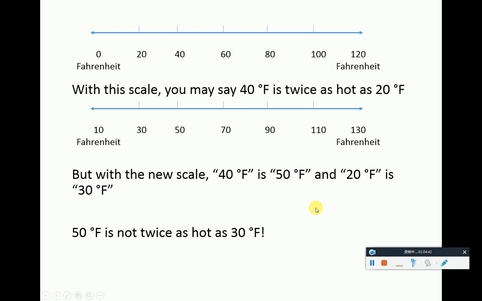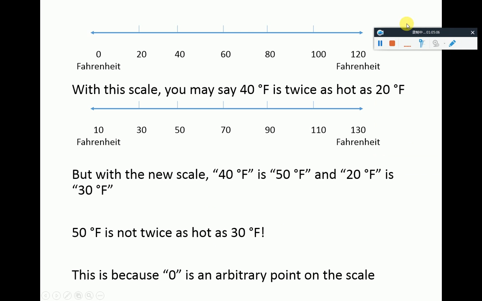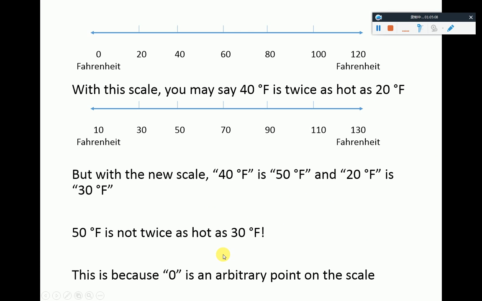So if you still have a little bit of difficulty understanding it, which is perfectly fine, just read the slides several times, and of course, welcome to ask me if you still think that you need a little bit of help to understand this question. Okay, so in the end, we say that the fundamental reason is zero is arbitrary, right? It does not mean the absence of something.